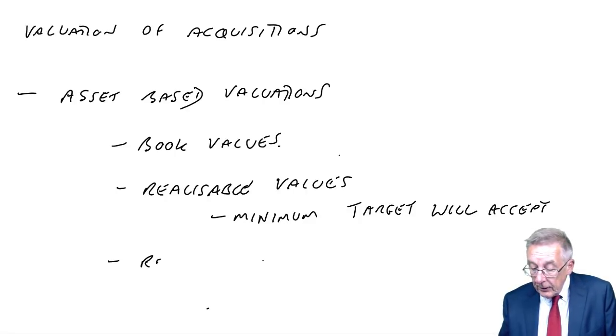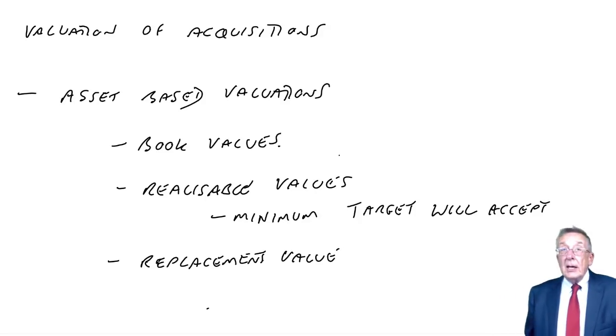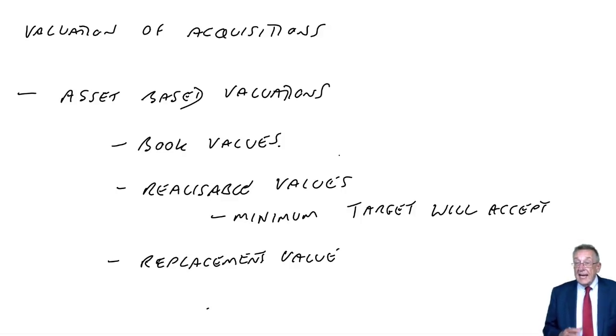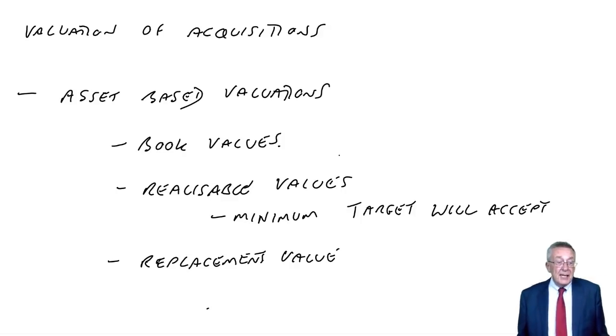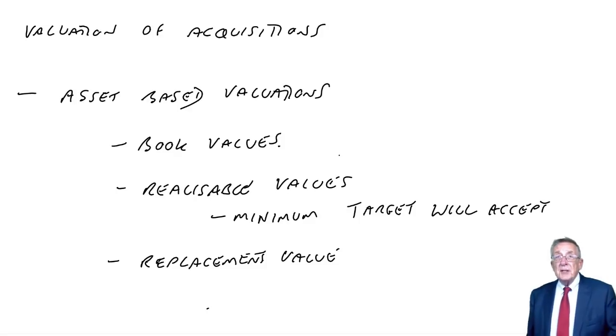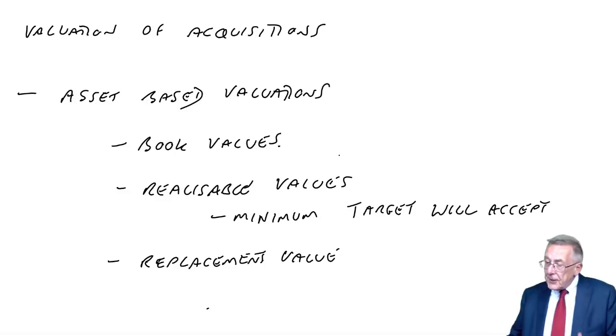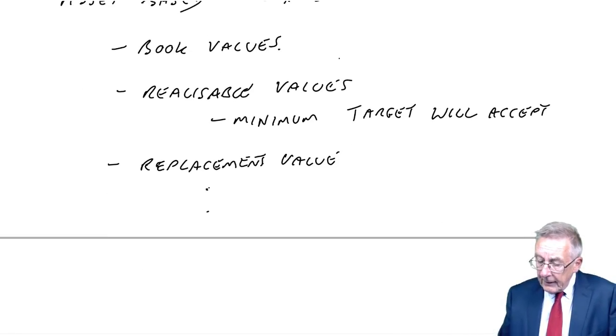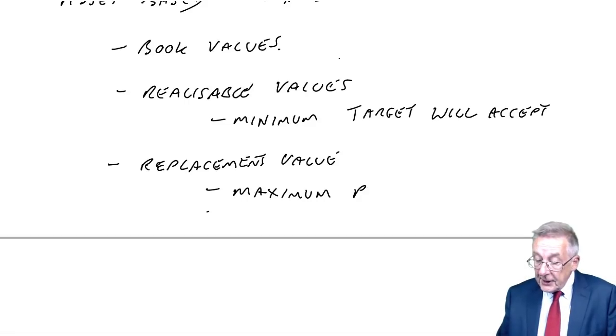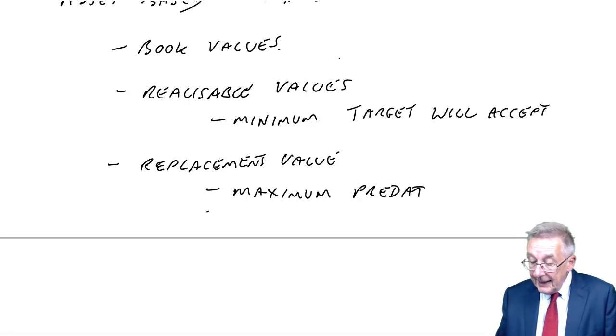Finally, you could consider what we call the replacement value. And here, again, take the net assets, but certainly the non-current assets, and value them at what it would cost to buy them elsewhere as new. And that, subject to one big thing, really would be the maximum that the purchaser would pay.